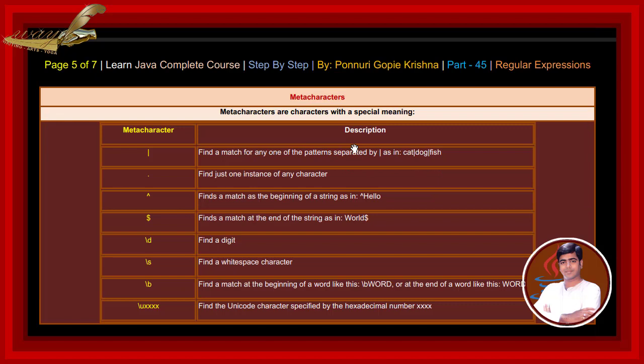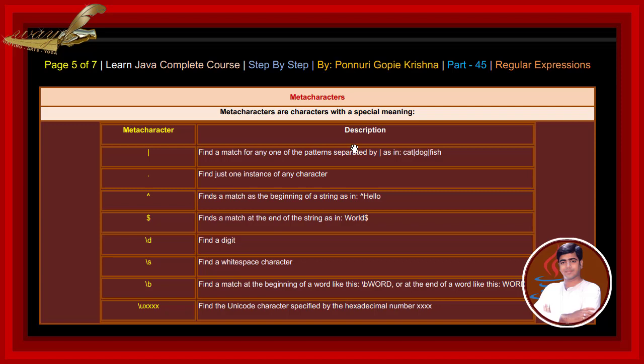Metacharacters. Metacharacters are characters with a special meaning. The OR metacharacter: find a match for any of the patterns separated by a vertical bar, as in cat|dog|fish. Dot: find just one instance of any character. Caret: find a match at the beginning of a string, as in ^Hello.